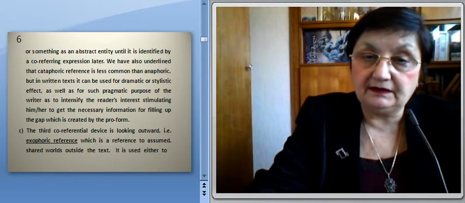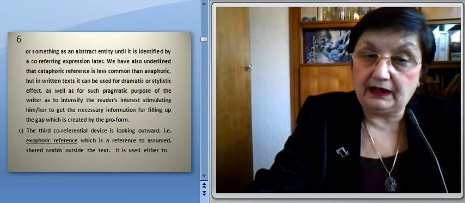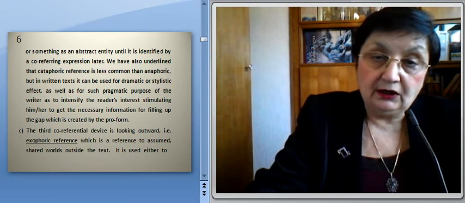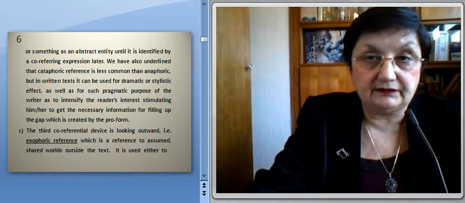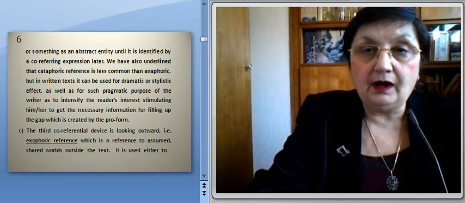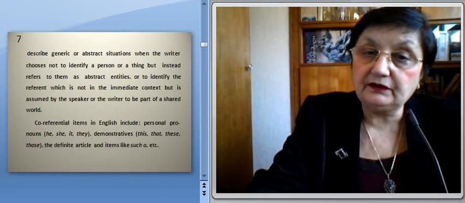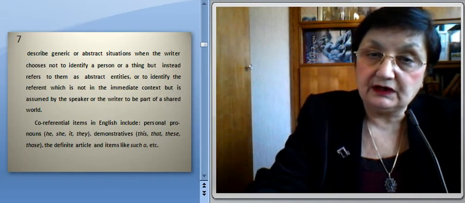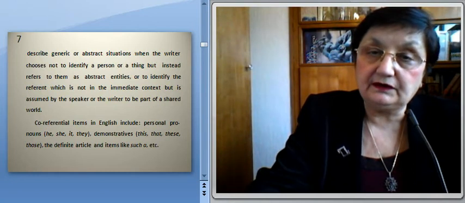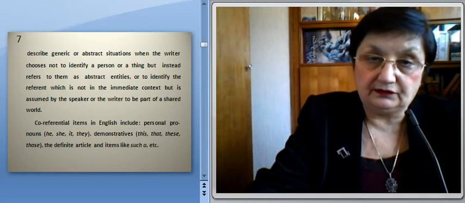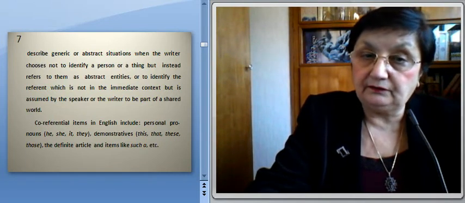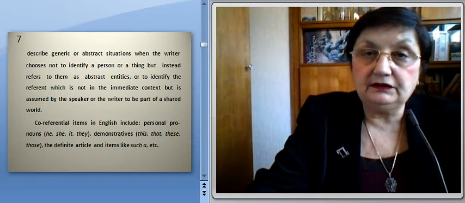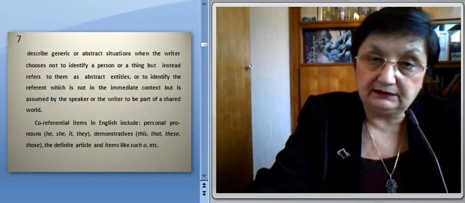The third coreferential device is looking outward. That's exophoric reference, which is a reference to assumed shared worlds outside the text. It is used either to describe generic or abstract situations when the writer chooses not to identify a person or a thing, but instead refers to them as abstract entities, or to identify the referent which is not in the immediate context, but is assumed by the speaker or the writer to be part of the shared world.